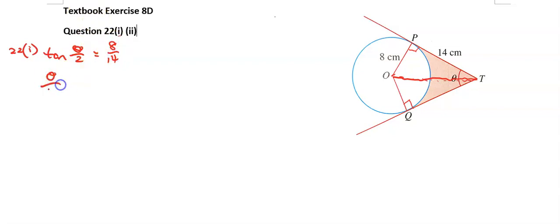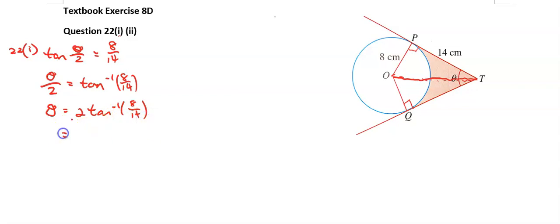So angle theta over 2 will be inverse tangent 8 over 14. And if you want to find theta, just multiply 2 across, and we will get our answer.